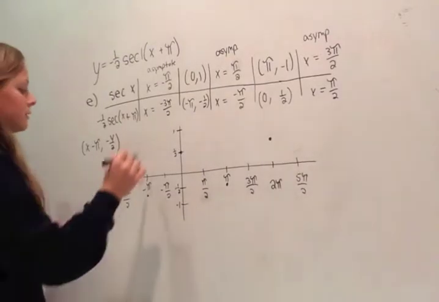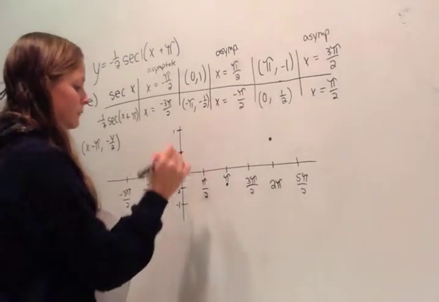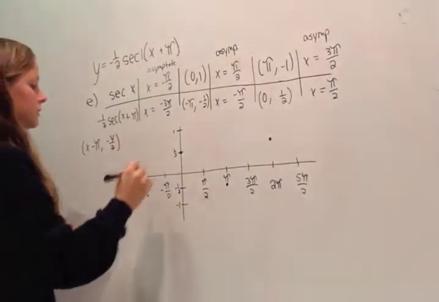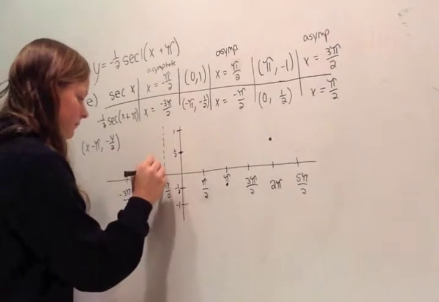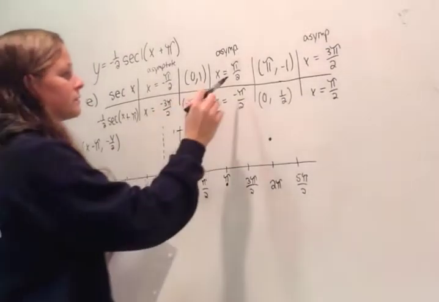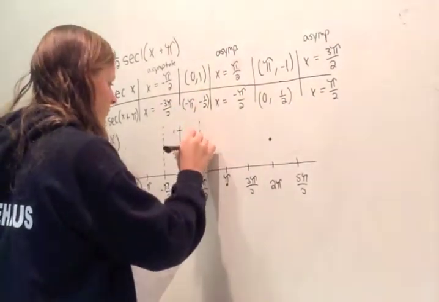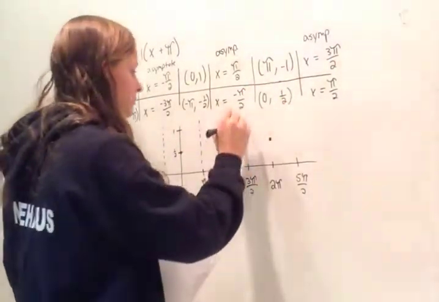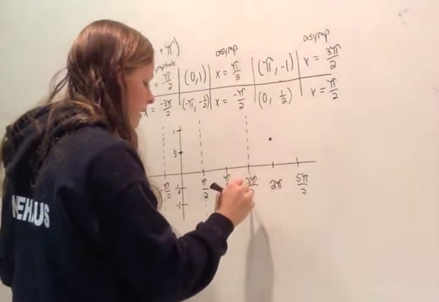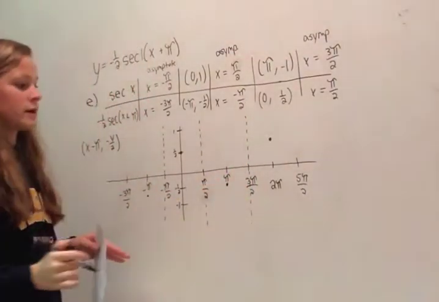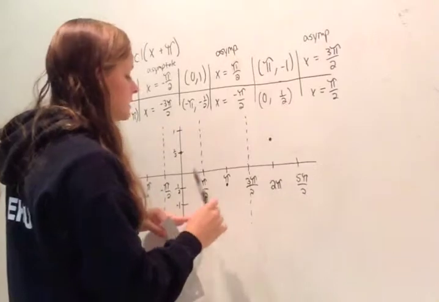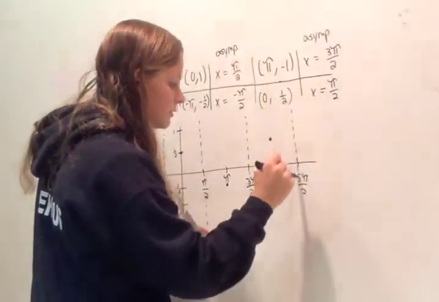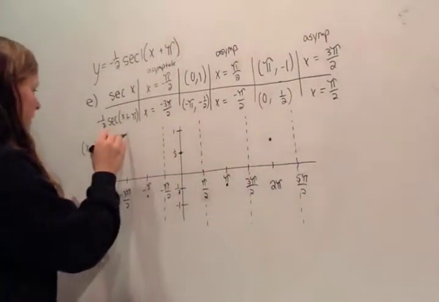So to graph this, we're going to put each point onto the graph, and then do the asymptotes. X equals negative pi over 2. We're going to put asymptote here. Asymptote at pi over 2. And one at 3 pi over 2. And because we're going to have to graph 2 full periods, we're going to go ahead and, because they're increasing by a whole pi, we're going to go over here, 1 pi, and know that an asymptote goes here, as well as on this side.